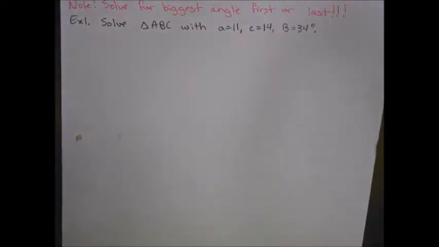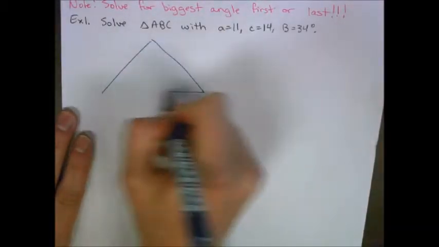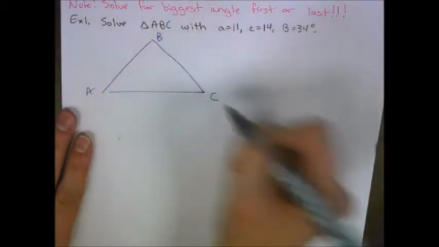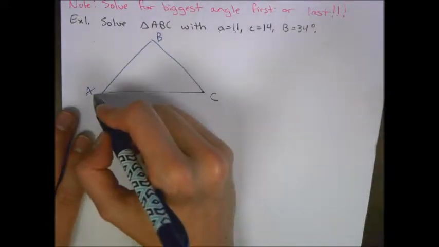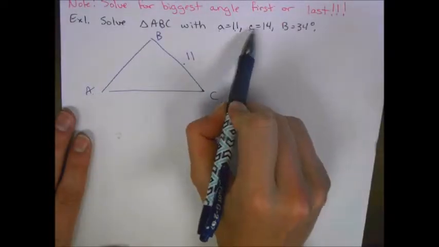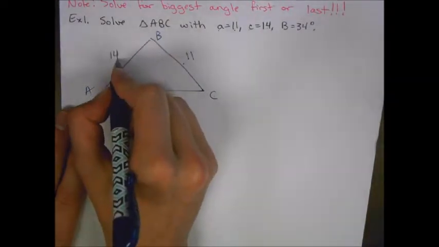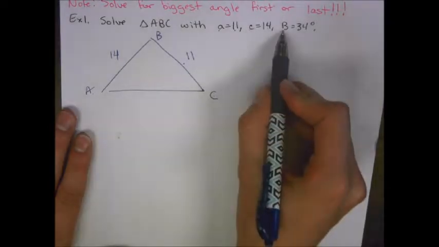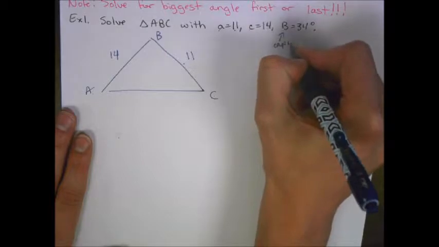Here's our first example. Go ahead and write it down. And let's draw up the picture. I'm going to draw a triangle ABC. Little a is 11. Little a is across from capital A, so that is 11. Little c is 14. Little c is across from angle C, so that side's 14. And then capital B means angle B. Capital's an angle, similar to last time.